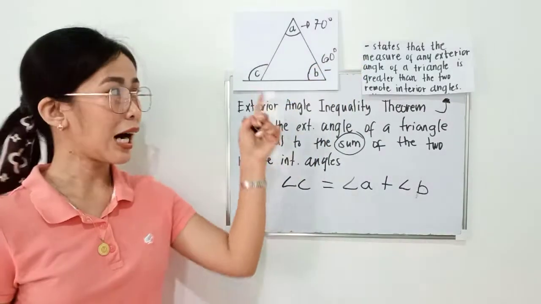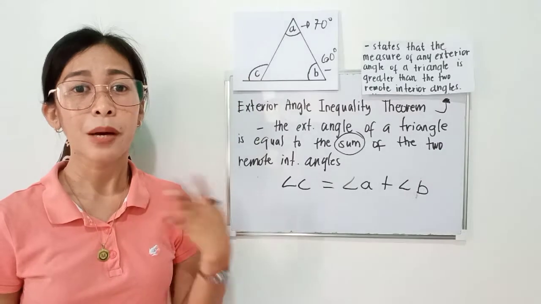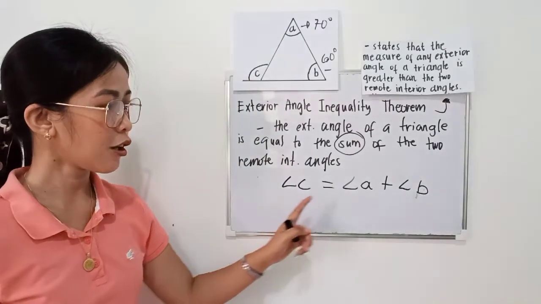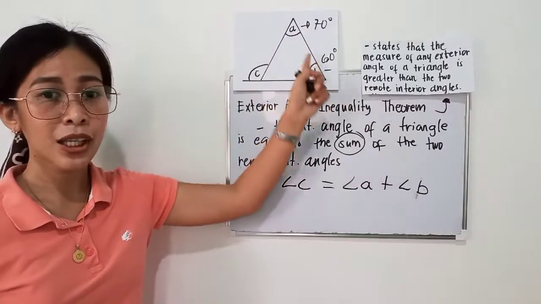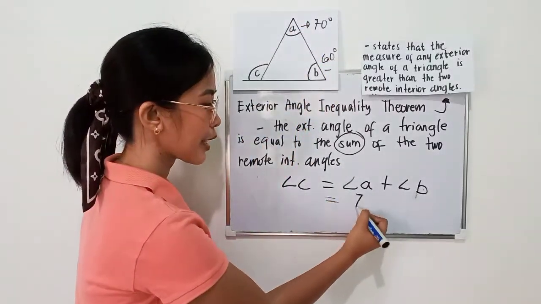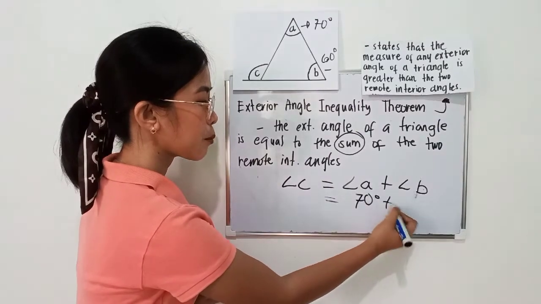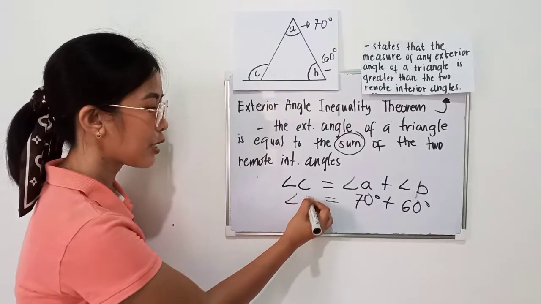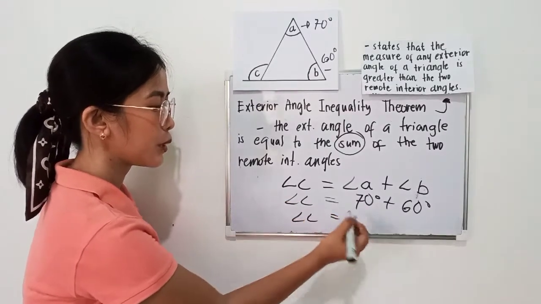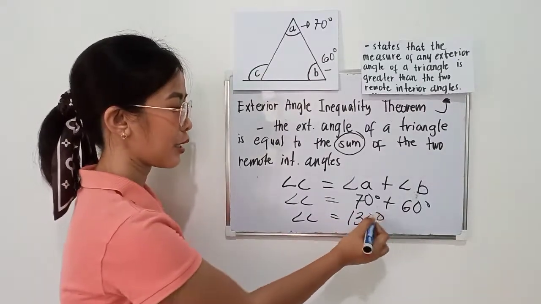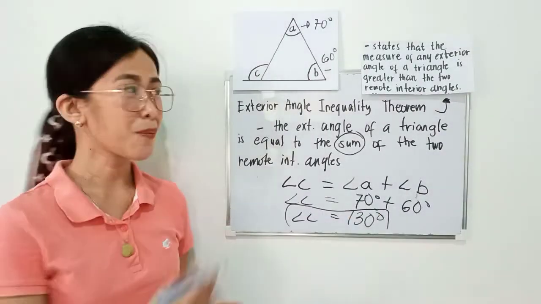Okay, find angle C or find the measurement of the exterior angle. Okay, so sabi nga dito, we are just going to add the remote interior angles. Yan, angle A is 70 plus angle B is 60 degrees. And therefore, angle C would be 130 degrees. So, ganun lang kasimple.